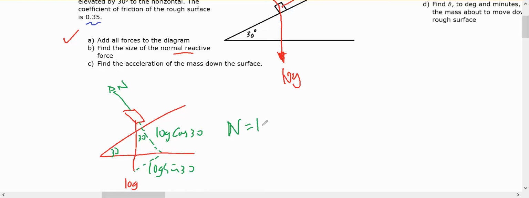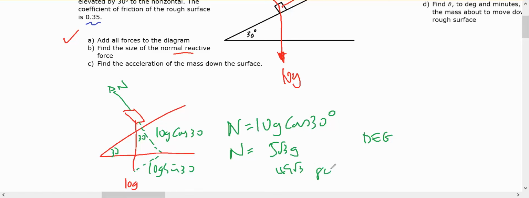So N is going to equal 10G cos of 30 degrees. Make sure your calculator is in degrees, and that's going to give you N equaling 5 root 3G, or 49 root 3, or 84.87 newtons. I'll accept all 3 answers.